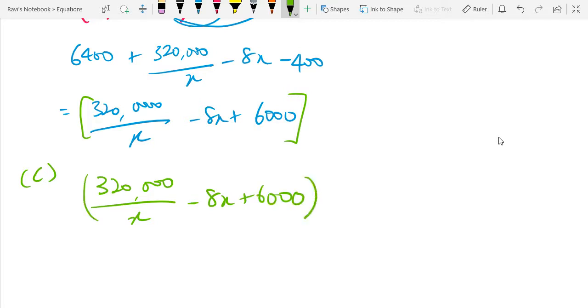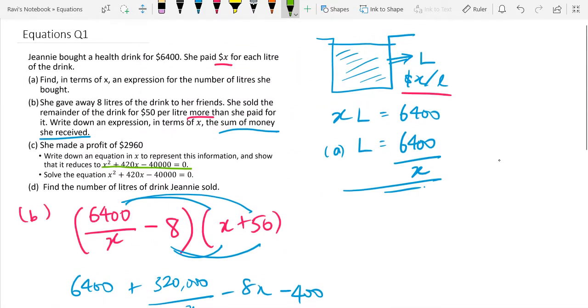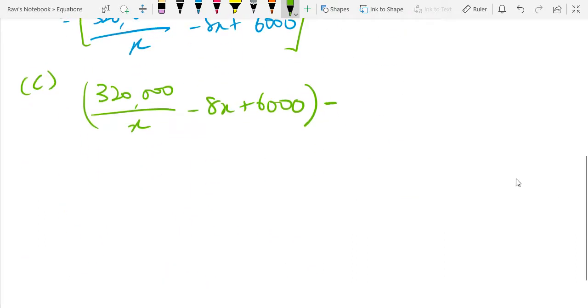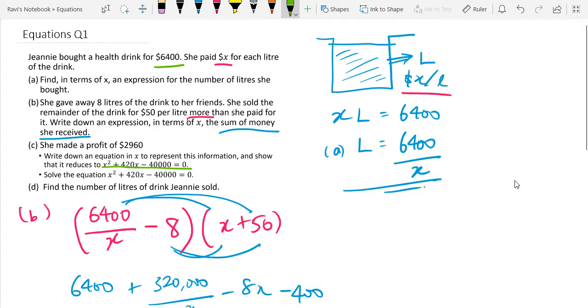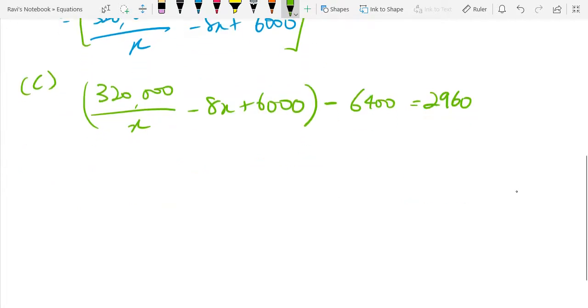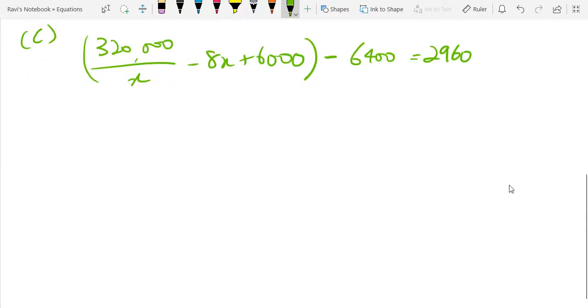And to get a profit, we must subtract the original price that she paid, which, if you look in the question, is $6,400. So we subtract 6,400 from here, and what we get is the profit, which is $2,960. So that is what we put here, 2,960. Let's go ahead and solve this.